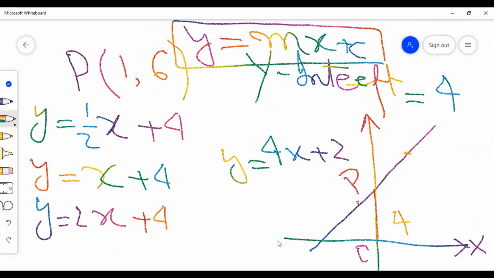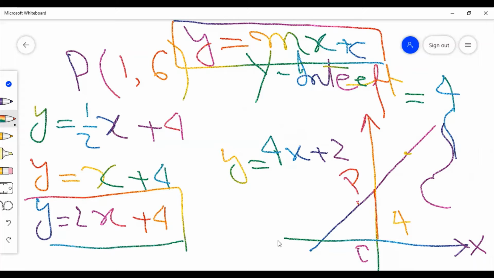It's the y-intercept, so it's the value of c, not the value of m. Okay, so it's y is equal to 2x plus 4. Good. It's an absolutely right answer. This one is the third one. So this is the right answer.